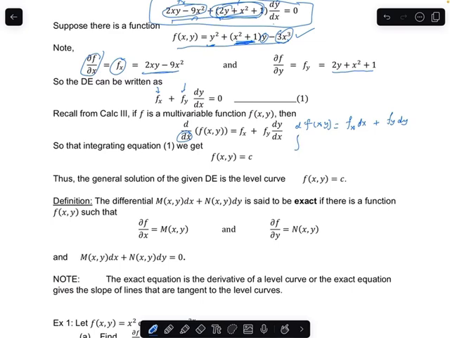So when we integrate, d of f is equal to the integral of f sub x dx plus f sub y dy.